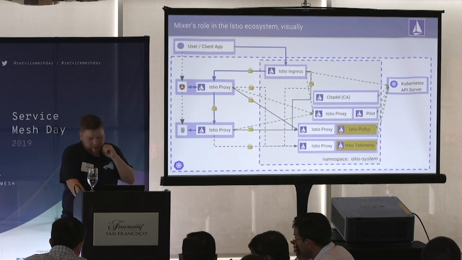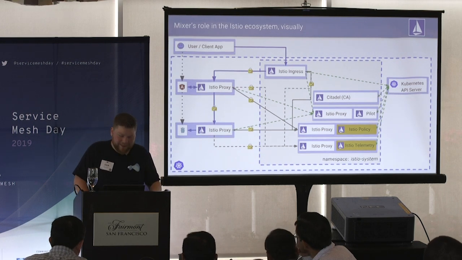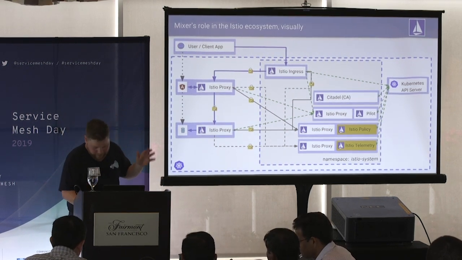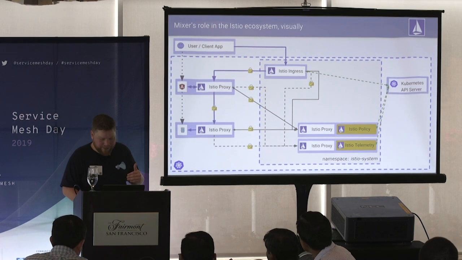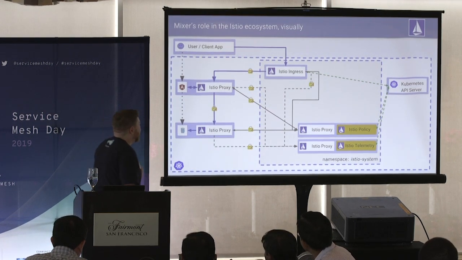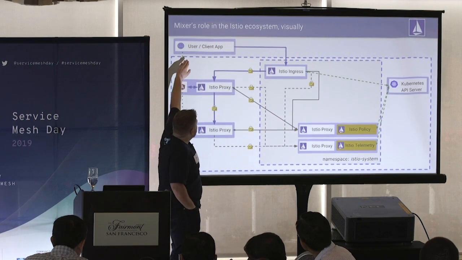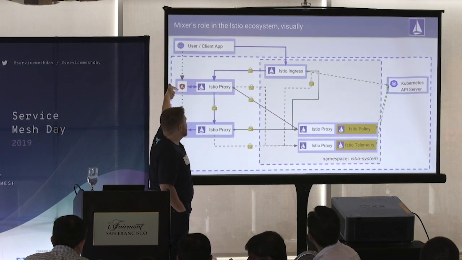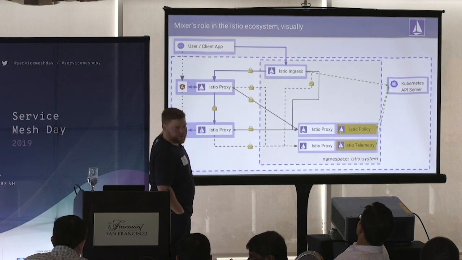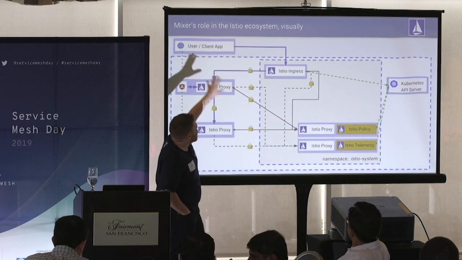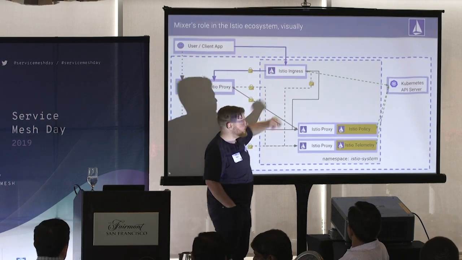Okay, so here's a diagram with a lot of lines that talks about all the traffic and configuration flows through Istio. This is not very helpful by itself, but here is the flow for policy. So as a user that wants to connect to our web front end, which logically talks to some backend, if we actually see the flow of the data, we'll go in through our ingress.